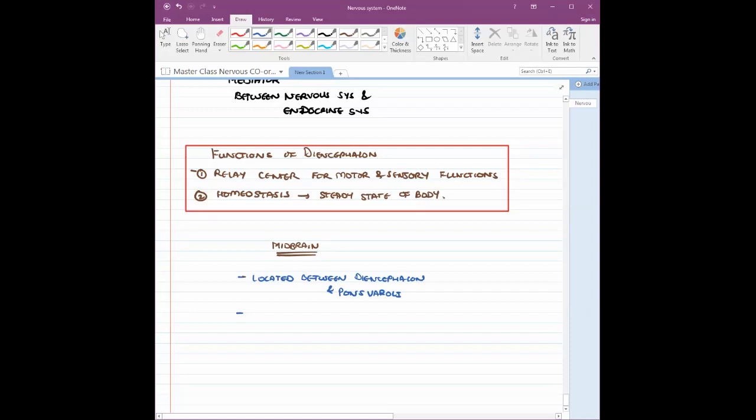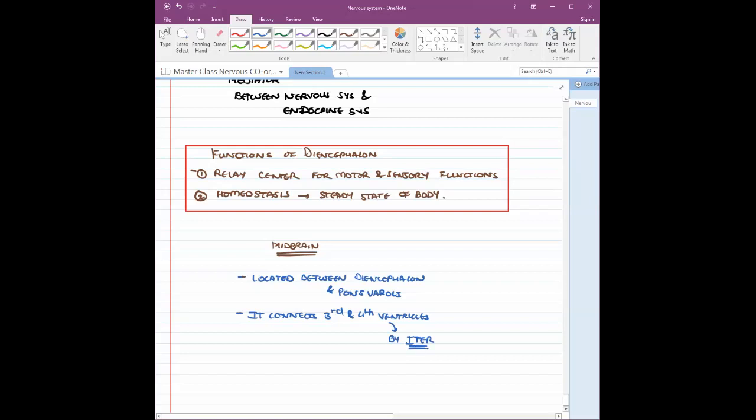The midbrain connects the third and the fourth ventricles. And how is it going to connect, guys? It is going to connect by a duct which is called the iter.